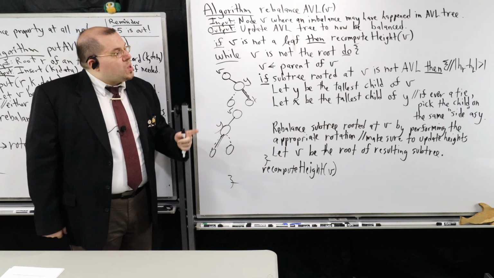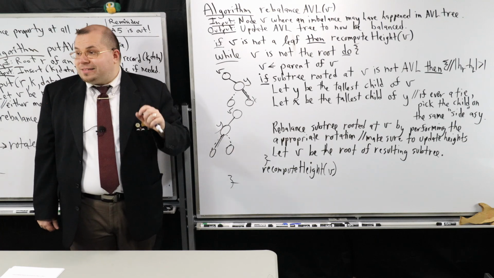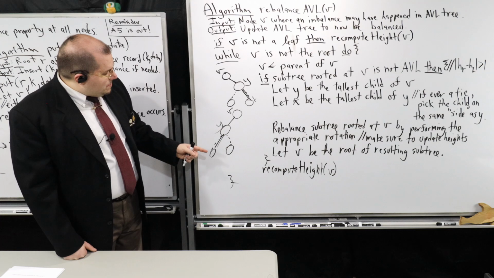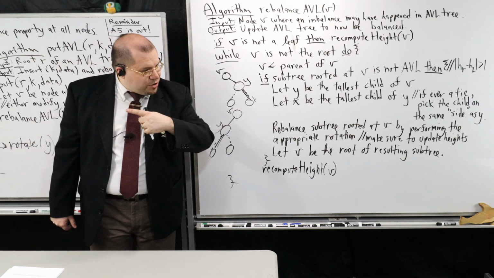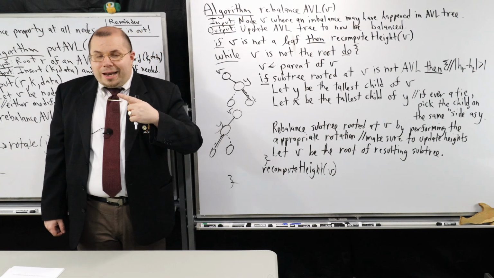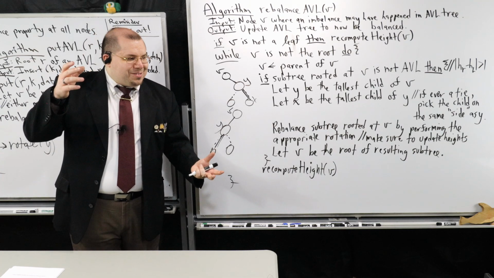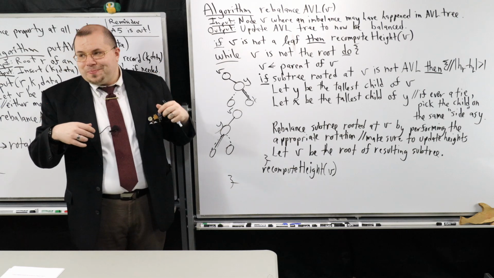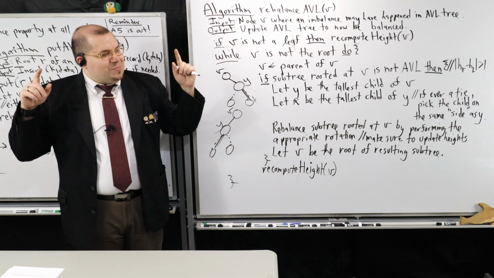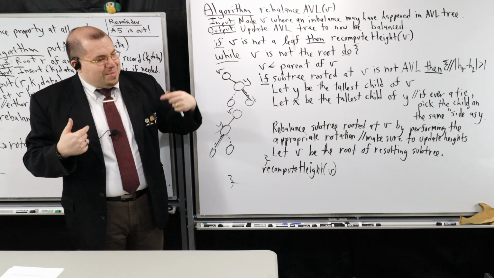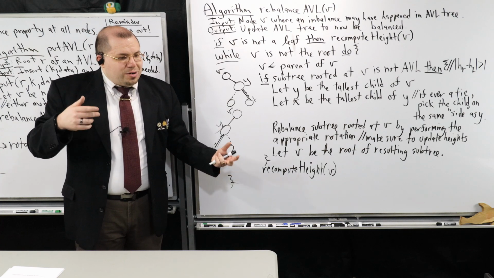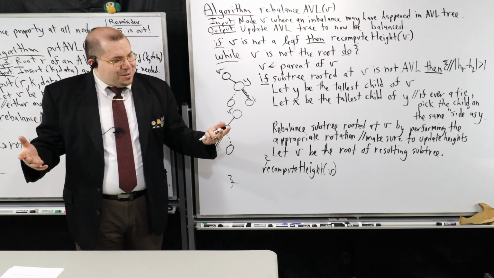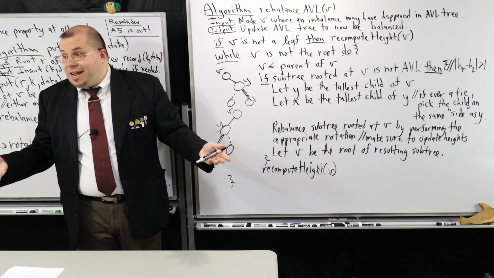One suggestion I can make that makes the implementation of this easier is if you know that, when I do, say, the rotate like I did earlier, it can be that I demote myself and Miss Kitty goes up, right? I promote Miss Kitty. Well, it could also be the case that I get promoted and Miss Kitty gets demoted. So notice that either the left child or the right child of my node might have its height changed, right?